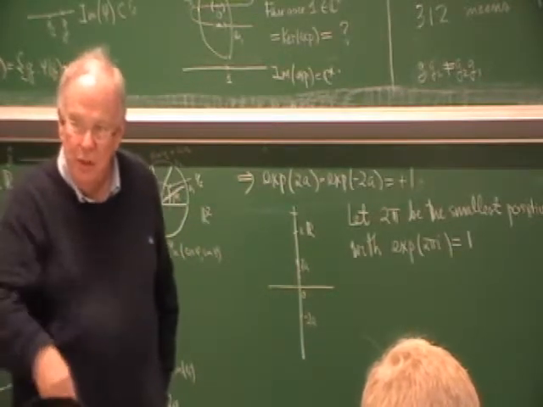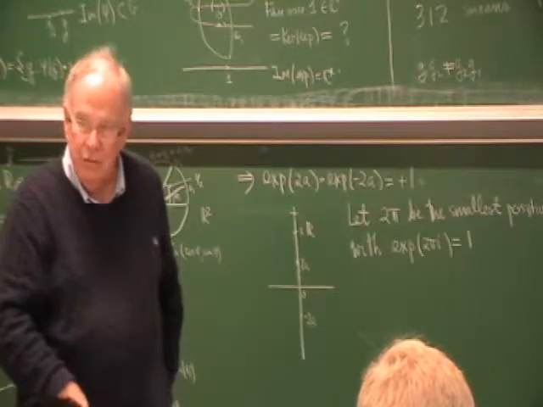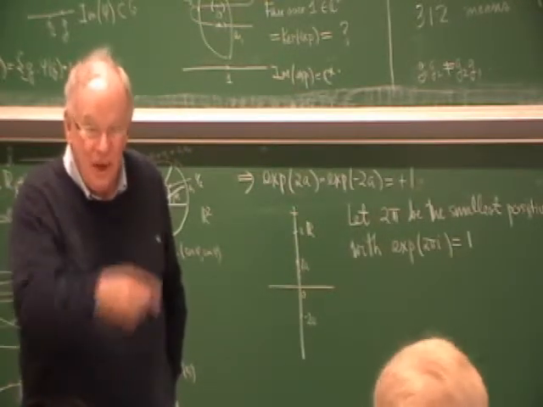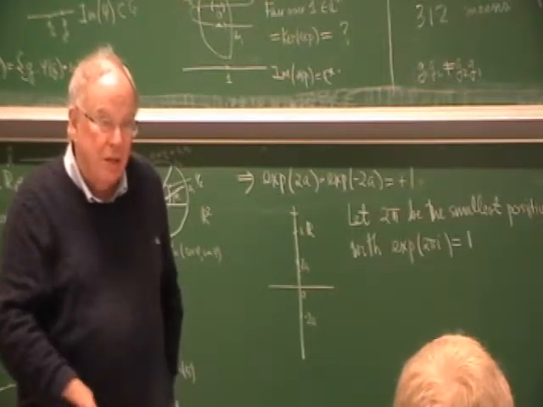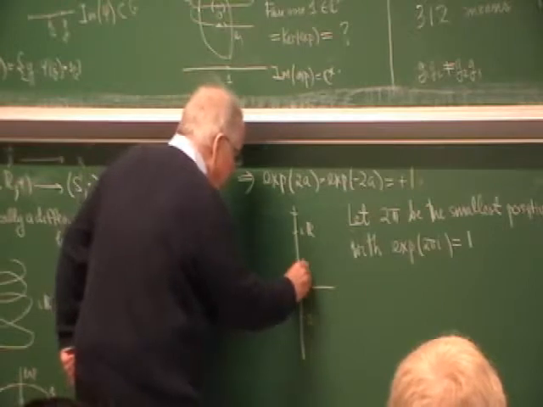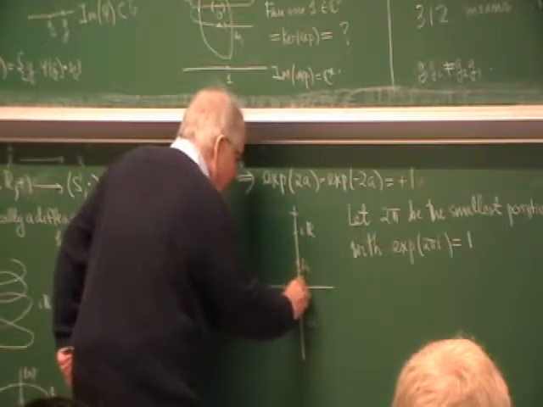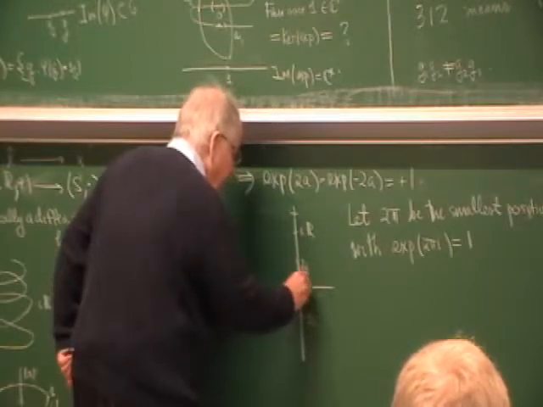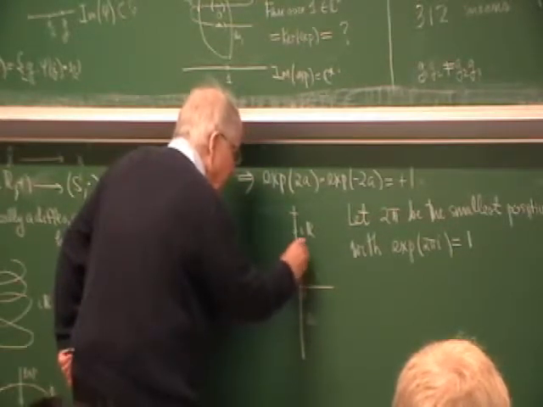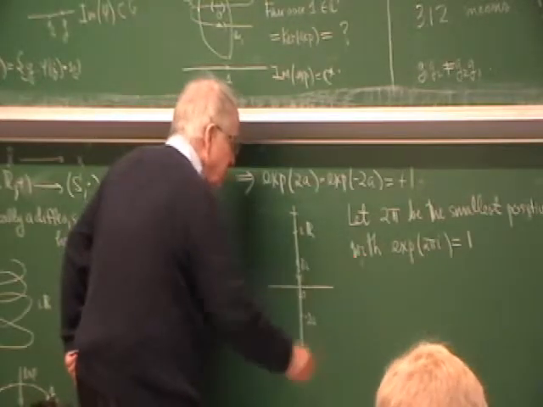But the exponential map is a local diffeomorphism. And that means you cannot have a sequence of points going to the same thing. It's a local diffeomorphism, so a neighborhood of 0 gets mapped diffeomorphically onto an interval. The only thing in here that goes to 1 is 0, so that the smallest thing makes sense.